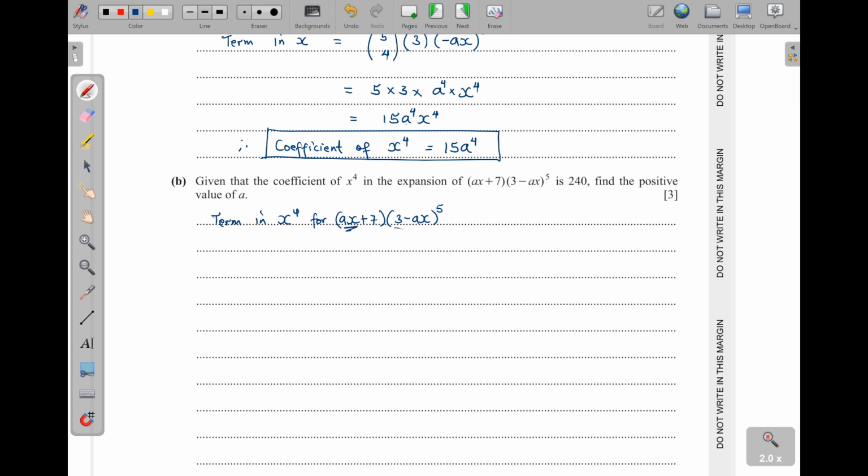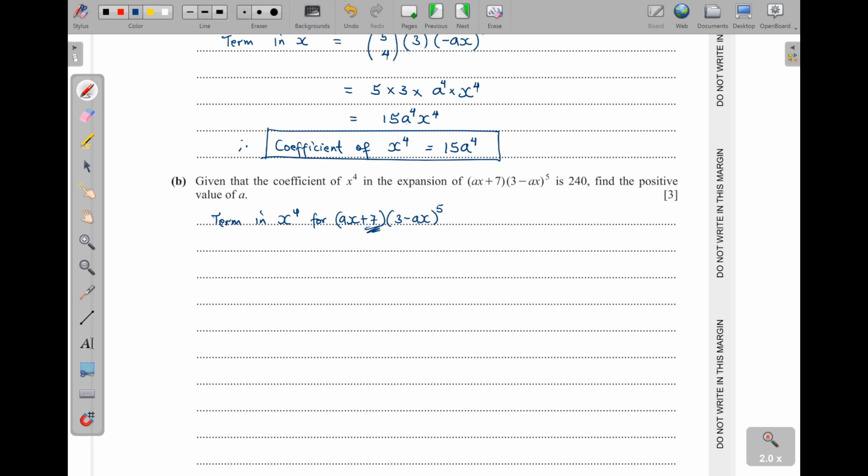Remember, it is supposed to multiply with everything in here, and these ones are 6 terms, but we are not interested in all of them. We are interested in the terms that are going to multiply such that they end in x to the power of 4. So this ax here has to multiply with the term here that ends in x to the power 3, right?